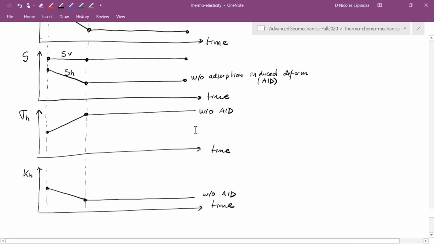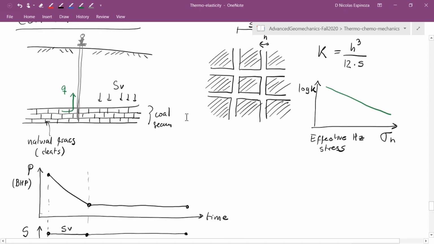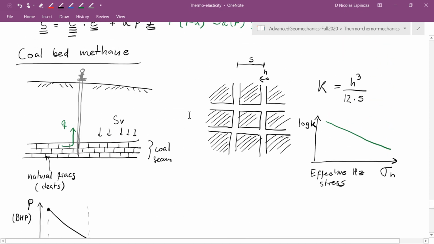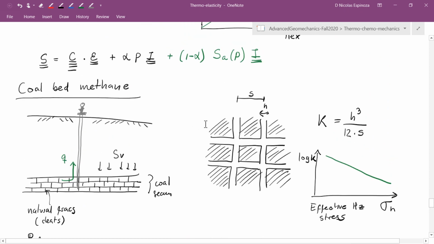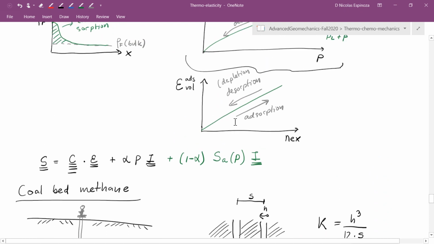Let's now add the component of adsorption. And for the case of adsorption, as we said, when we have a depletion or a desorption process, we are going to have a decrease in the volume of the solid or the volume of the rock, or a contraction of the rock matrix. That's going to be the path of depletion.